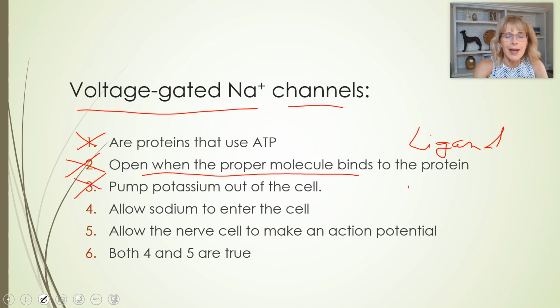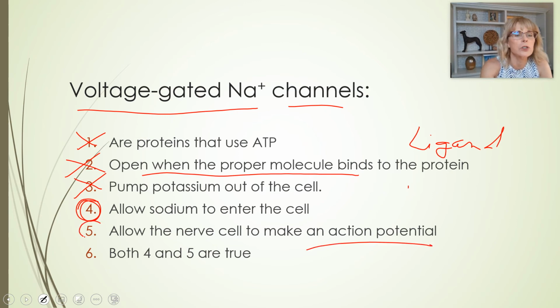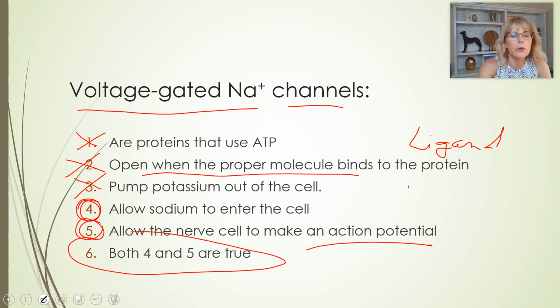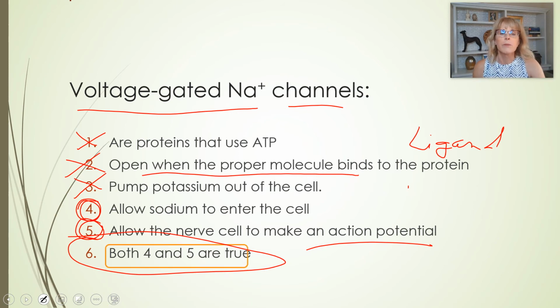So that's talking about the sodium, but actually that's not even talking about the sodium-potassium pump. Allow sodium to enter the cell. Okay, that's true. When they're open, they do. I'm not trying to be tricky. When they're open, they do. Allow the nerve cell to make an action potential, absolutely. So the right answer is both 4 and 5 are true. Right? What if that was one of those select all that apply? Would you get them both right?